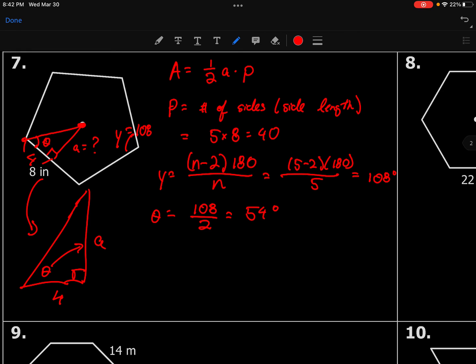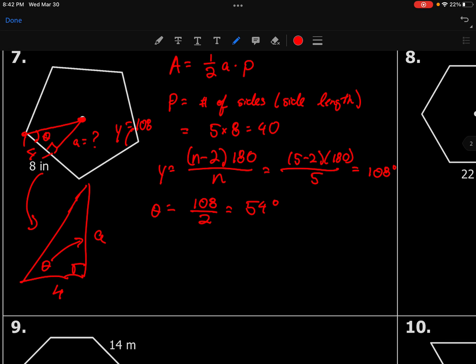Perfect. Now that we know theta is 54 degrees, we can use trigonometric functions to solve for the apothem. First, in regards to this angle theta, where is the apothem and the 4? Well, the apothem is the opposite side of theta, and 4 is the adjacent side. If you look at SOHCAHTOA, which of the trig functions uses opposite and adjacent?